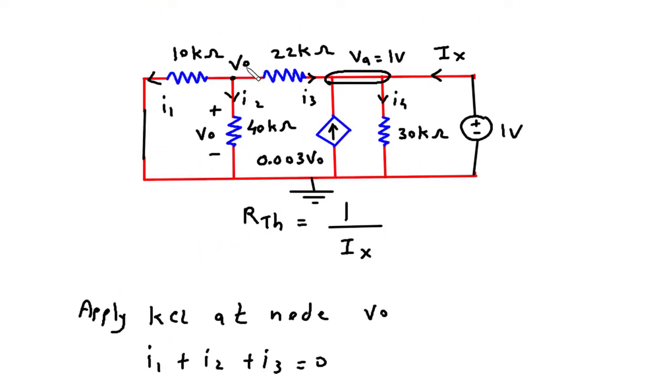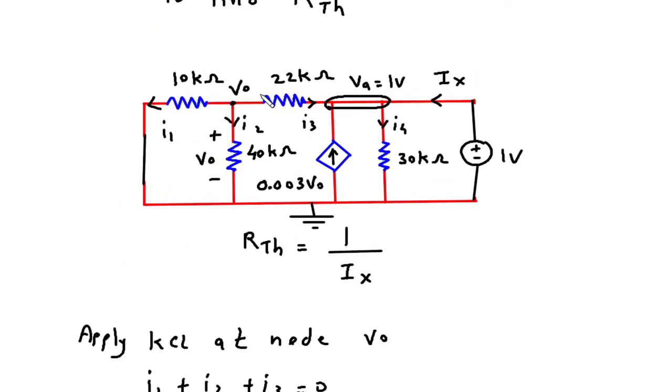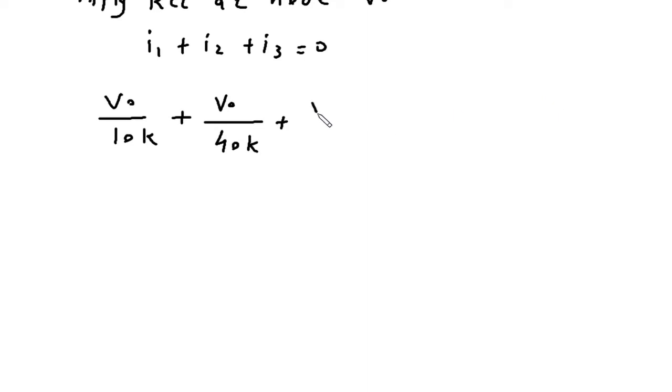I2 is VO minus 0 by 40k, plus I3. Now I3 is VO minus 1 by 20k, is equal to 0.